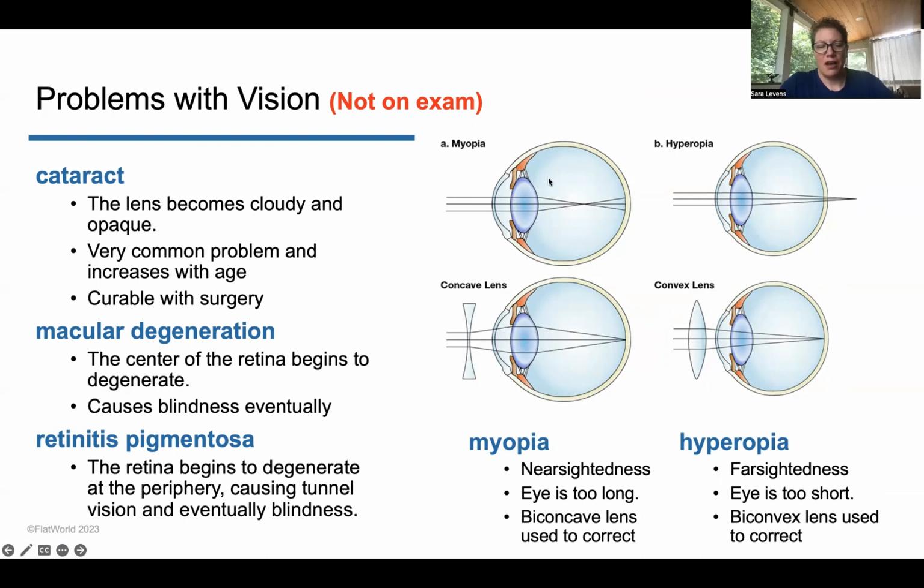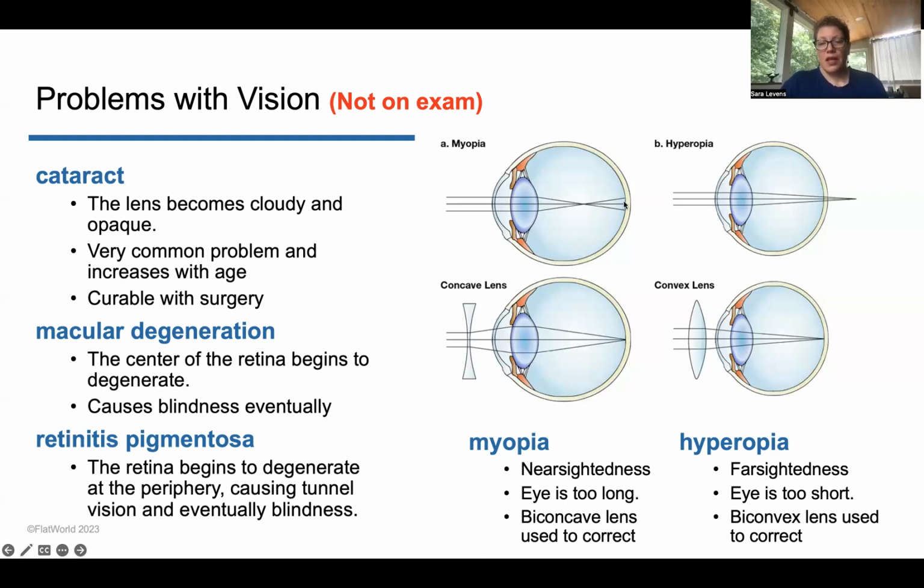One of the things that I thought was pretty neat was how they show that when you have myopia, you're nearsighted, your eye is a little bit too long. So the point where everything comes together, which should be falling right on the retina, is not, and it's off in its space.